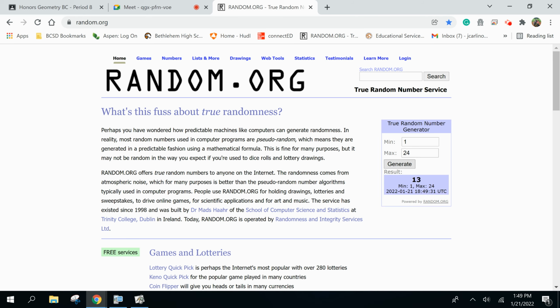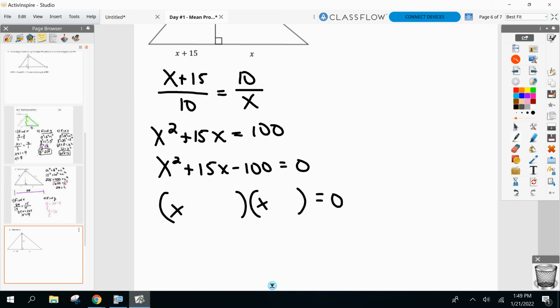What are your numbers that multiply to 100, 15 apart? 5 and 20, good. Positive 20, negative 5. X equals negative 20, X equals 5. I know we're changing units, but the rule still applies, just like it did in the similarity unit.